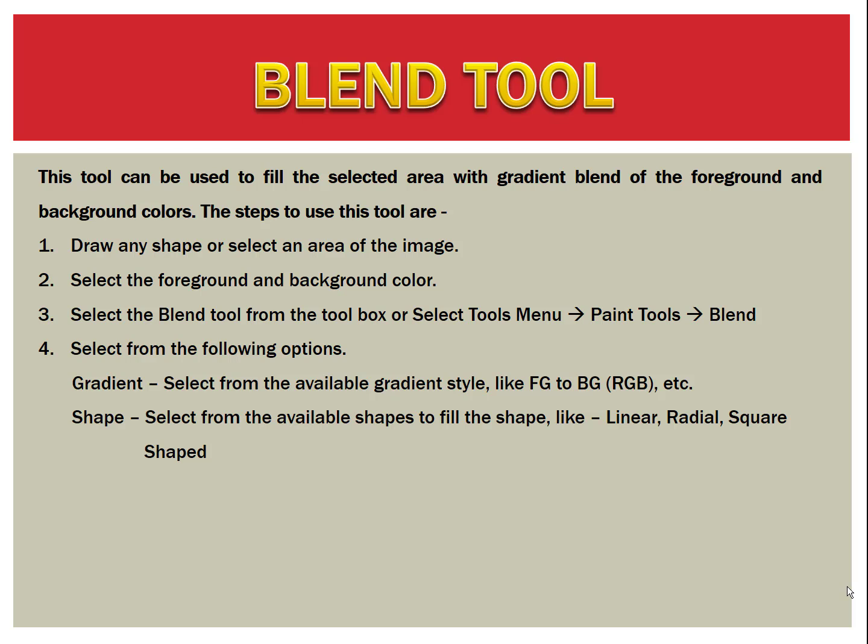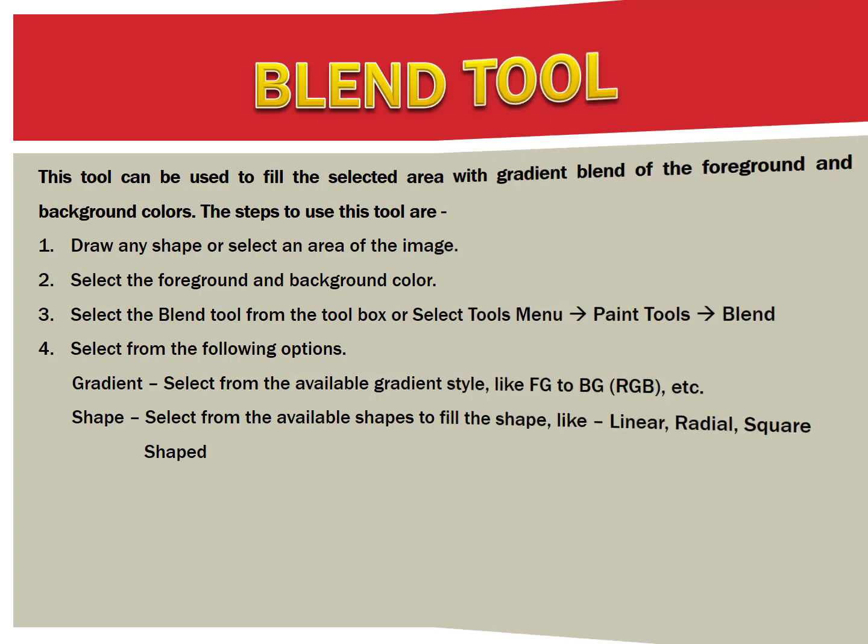Select from the following options. First is gradient. Select from the available gradient styles like foreground to background, etc. Next is shape. Select from the available shapes to fill, like linear, radial, square, etc.